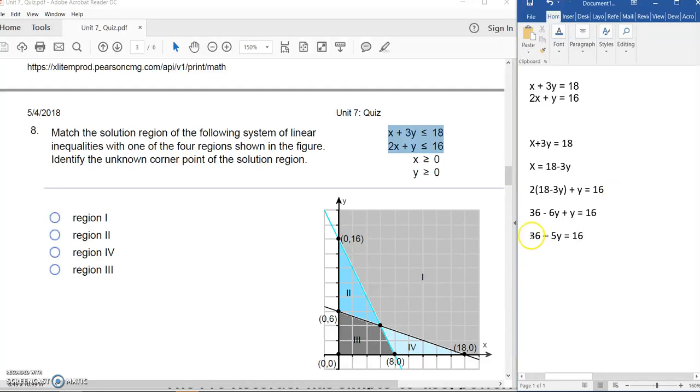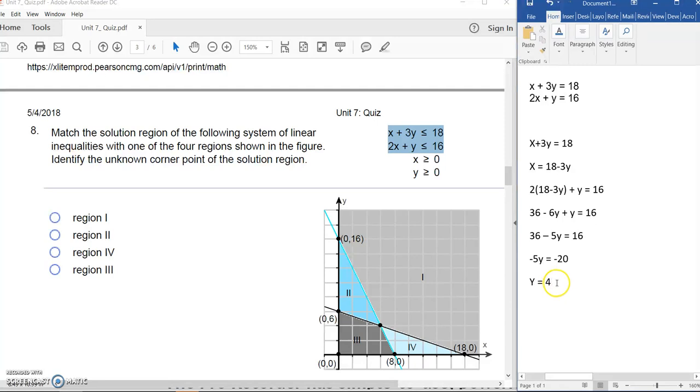And then if I subtract 36 from both sides, I get negative 5y equals 16 minus 36, which is negative 20. And then last step, divide both sides by negative 5, you get y equals positive 4.